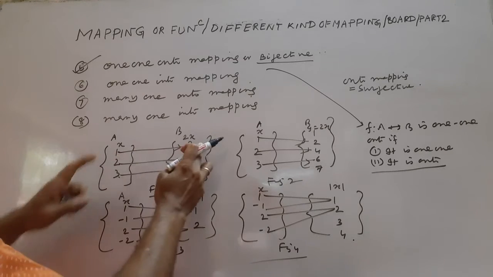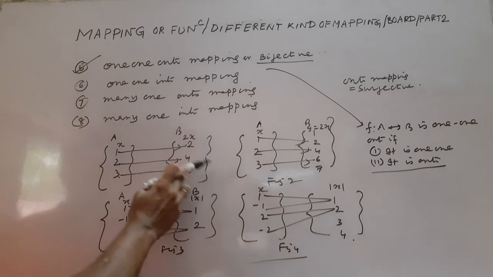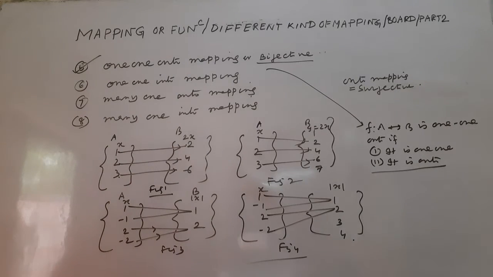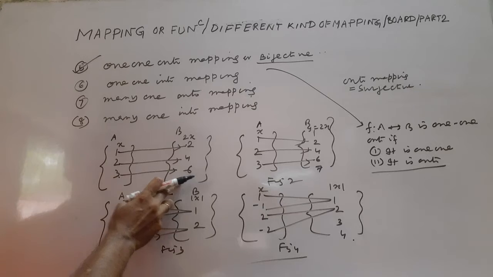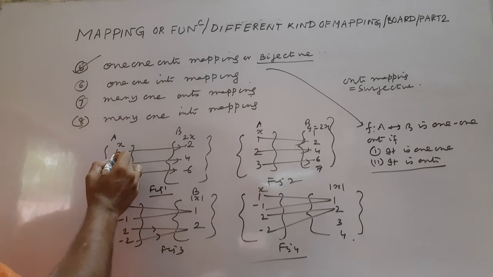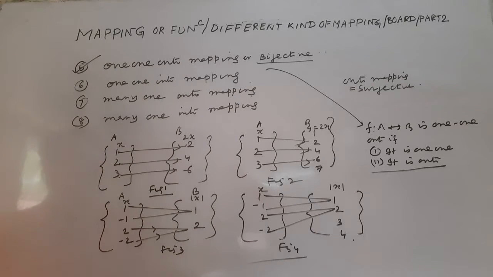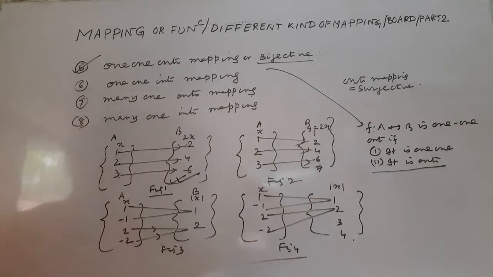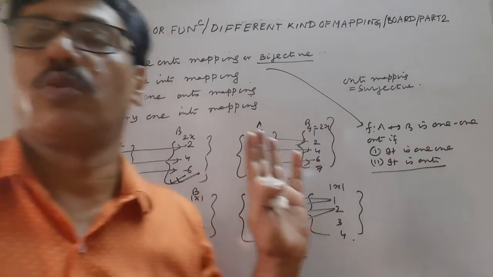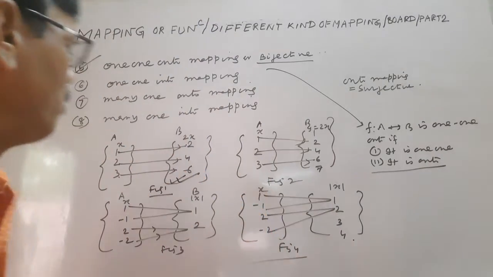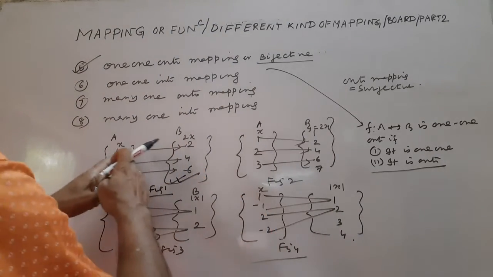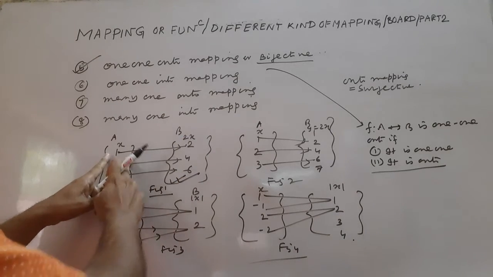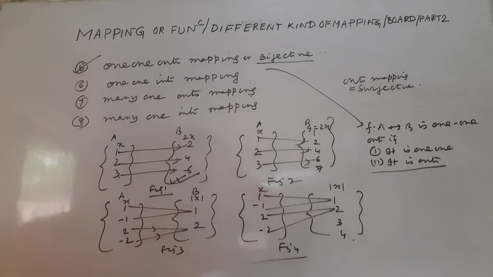Every element of B is image of at least one element of A. So this is onto mapping and this is also one-one mapping. So figure 1 is one-one onto mapping. You can form many examples. So range equals codomain and different elements have different images.